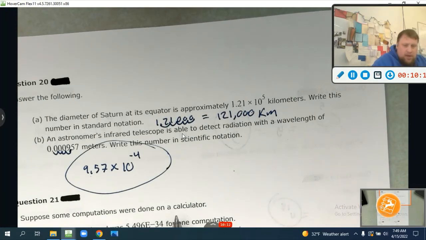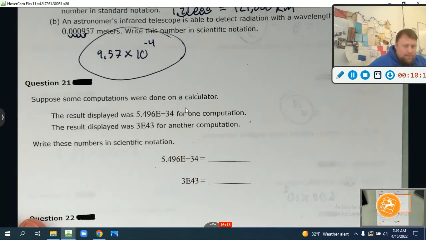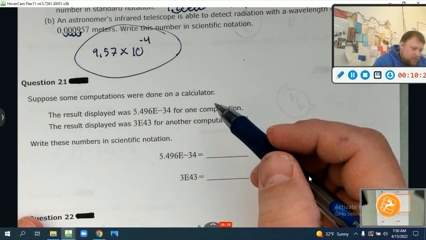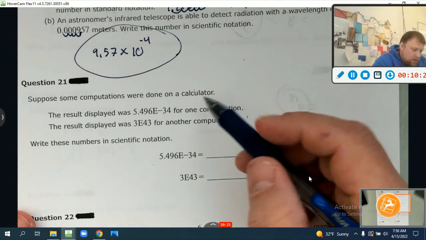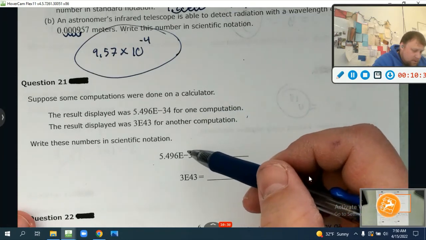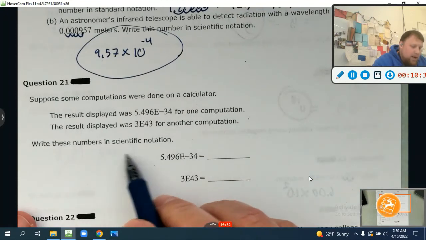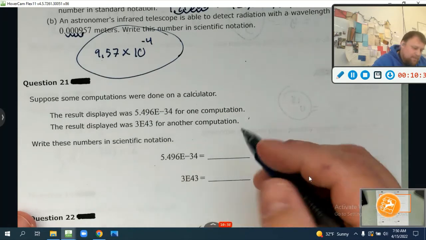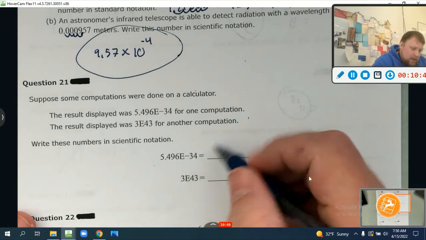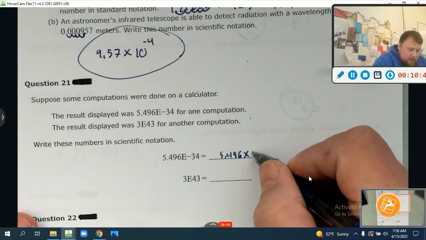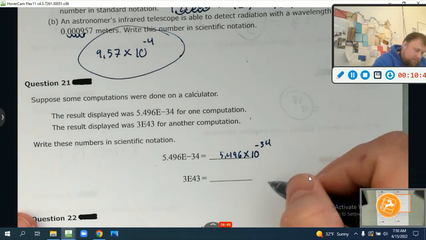Suppose computations were done on a calculator. Okay, this isn't too bad. The result displayed for one computation was 5.496 e to the negative 34, and for another was 3 e to the 43. We want to write these in scientific notation. So the e to the negative 34 would be 5.496 times 10 to the negative 34.